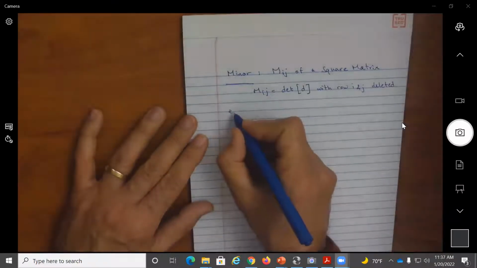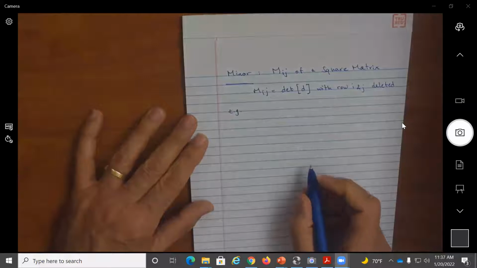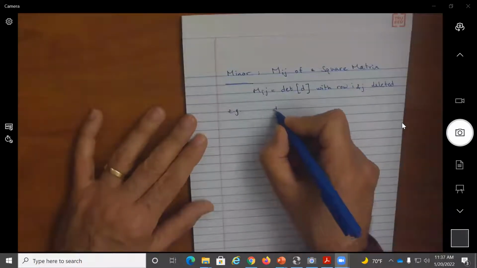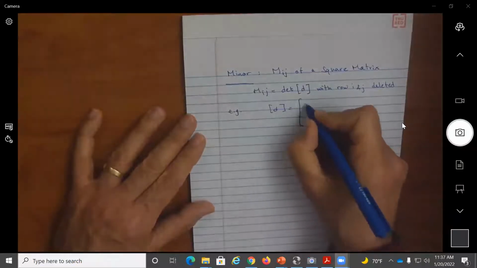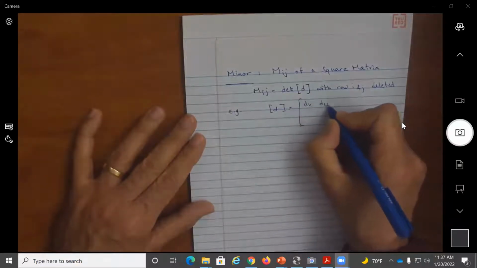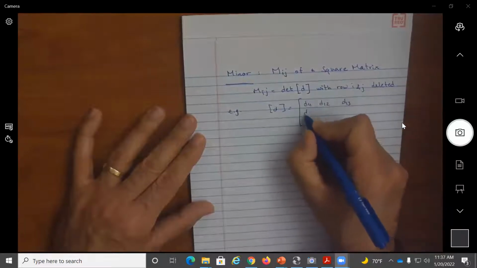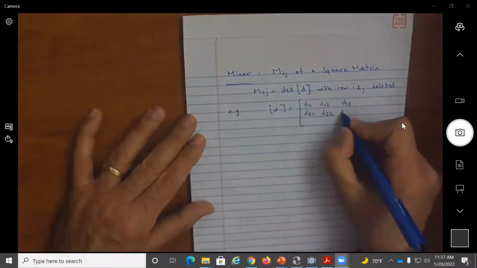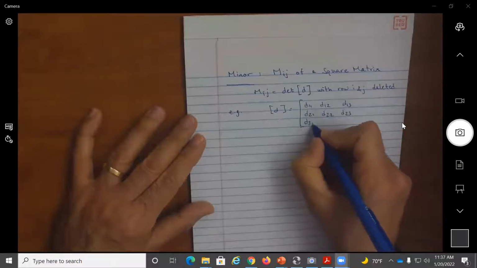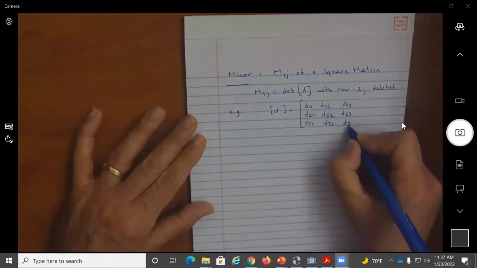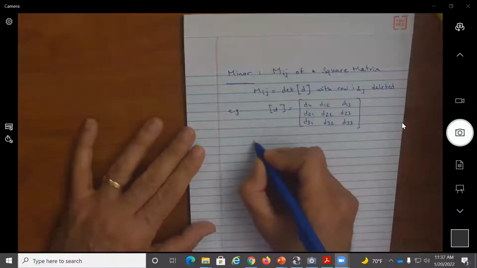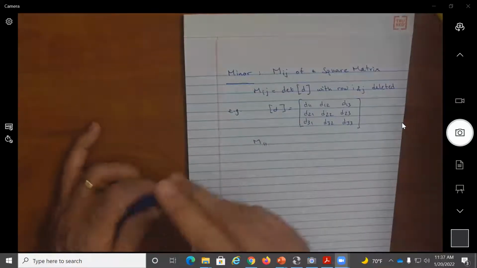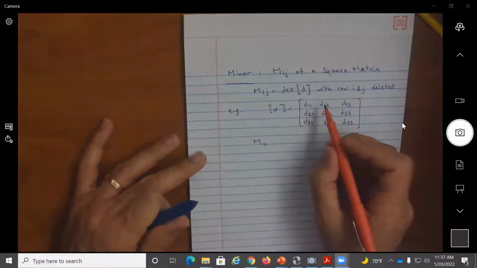So for example, if D is equal to D11, D12, D13, D21, D22, D23, D31, D32, D33. If I'm trying to find M11, I will delete the first row.